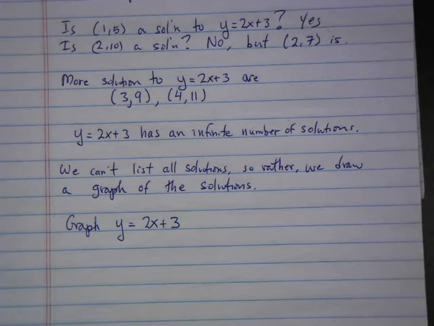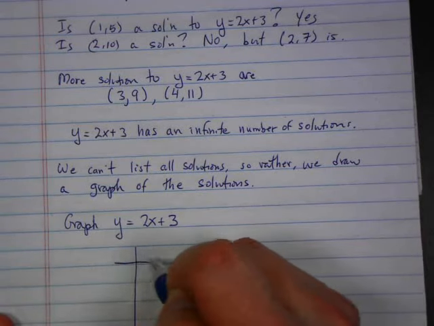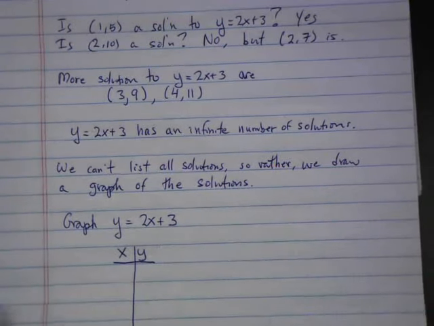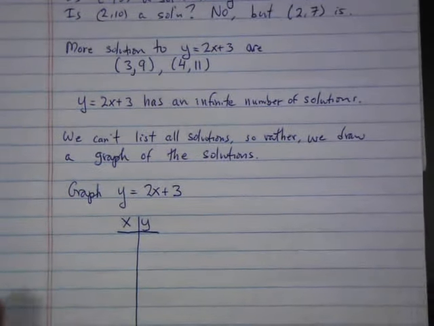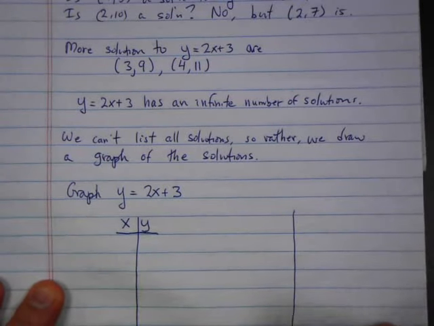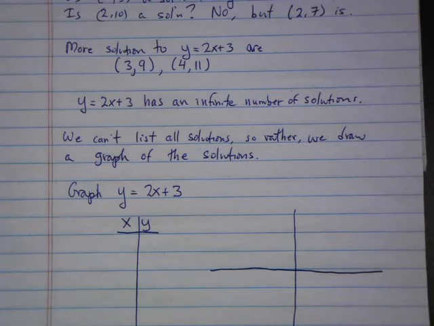What you're going to do is build me a table and give me some solutions. How many should you give me? 5. 5, I think, would be a wonderful number. And once you have your 5 solutions, you'll draw those solutions on a graph.